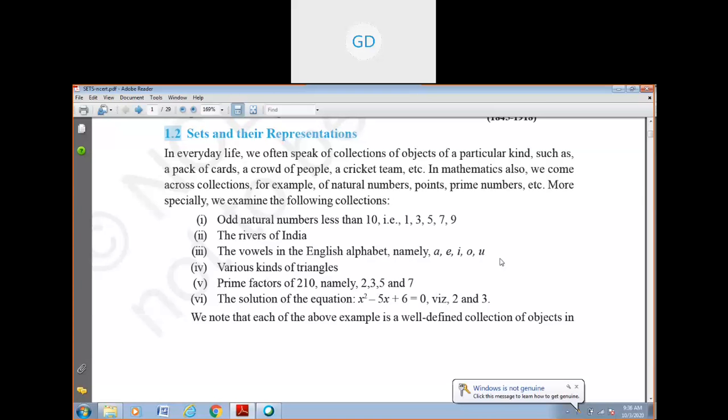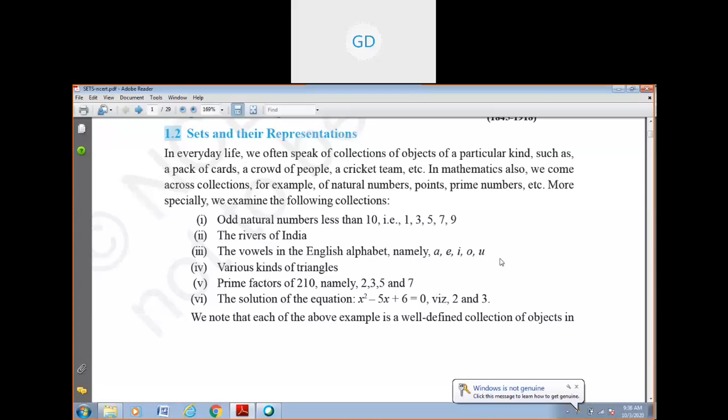Solving the equation, we can have roots, and here roots are 2 and 3. So it is a set, and this set contains two elements, 2 and 3, because it is a collection of solutions of this equation.